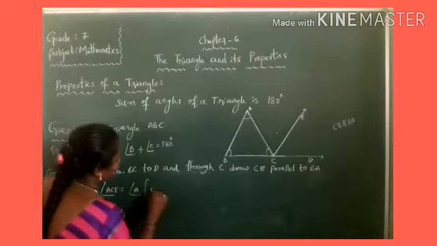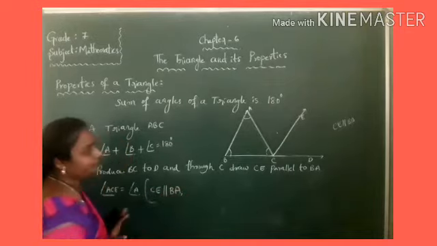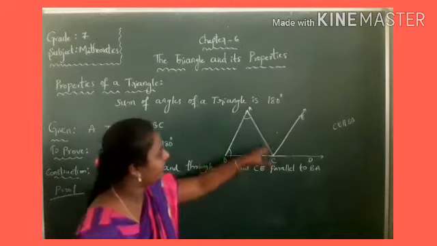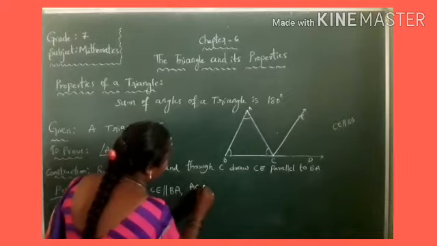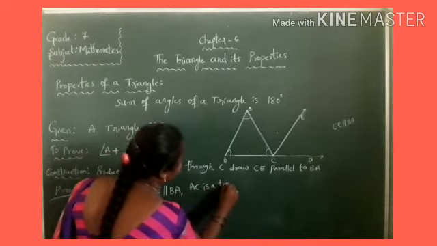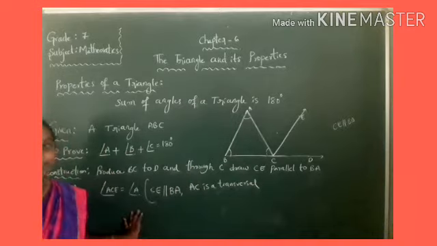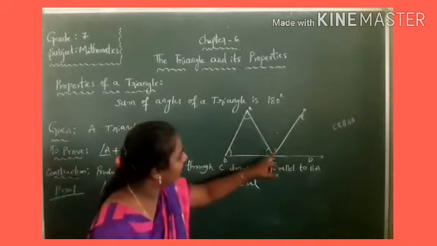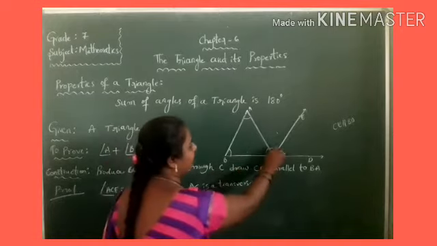Because CE is parallel to BA and AC is a transversal, the alternate interior angles are equal.